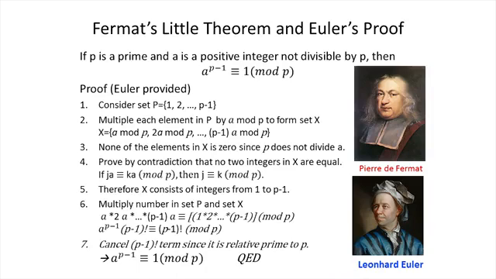Multiply the numbers in set P and multiply the numbers in set X. We now have an equation.